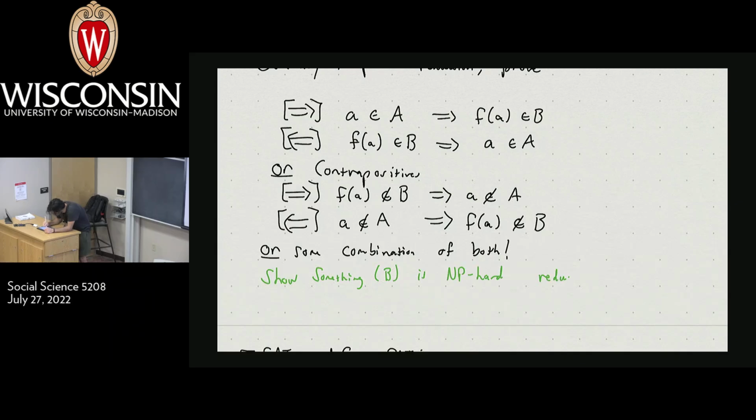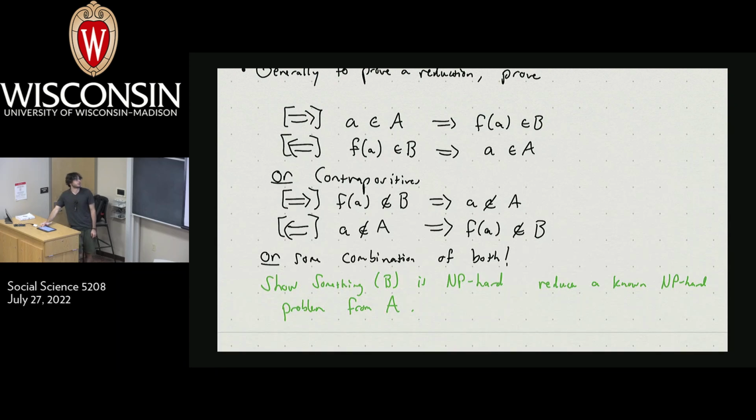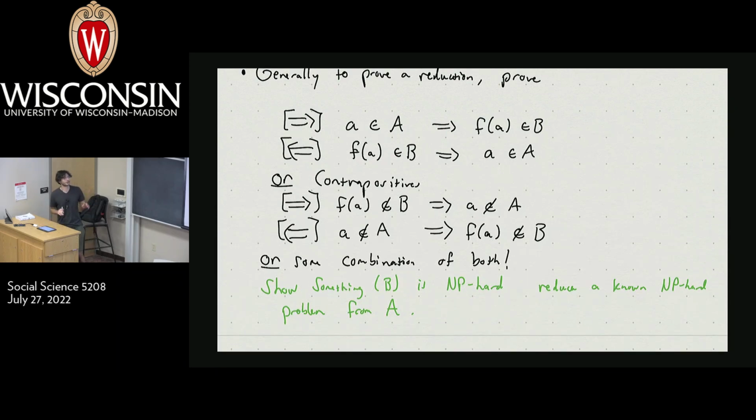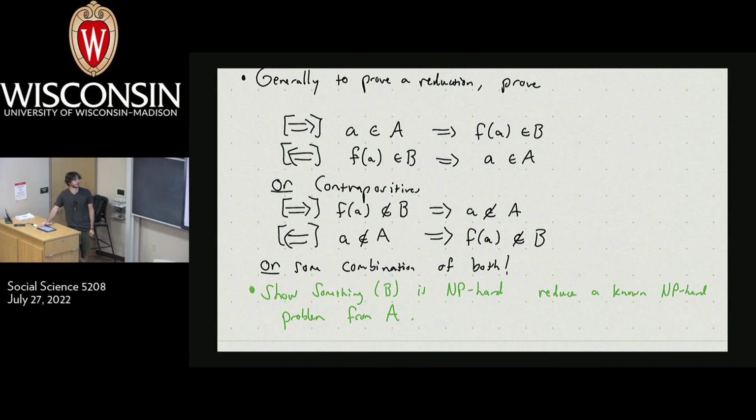Then reduce a known NP-hard problem, A, to B. So that's all you have to do. You don't have to go through all the work of showing every single thing can be solved by it. You just have to show a single one can be solved with your problem B.